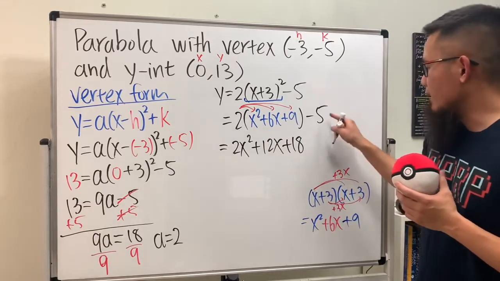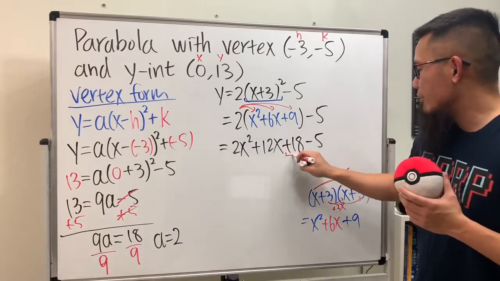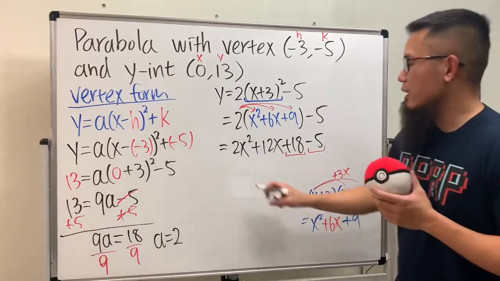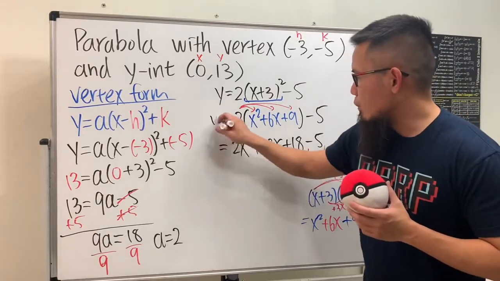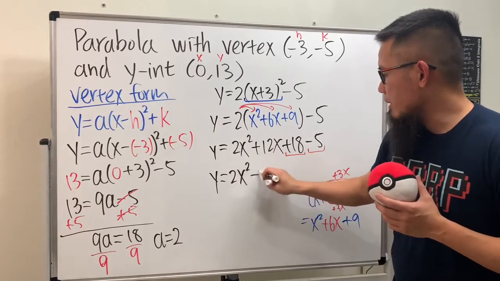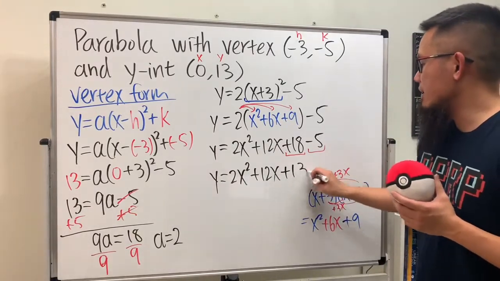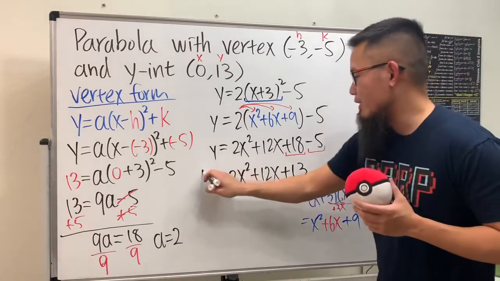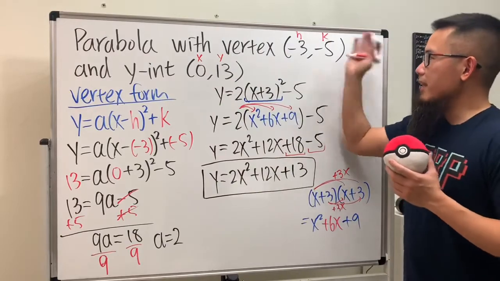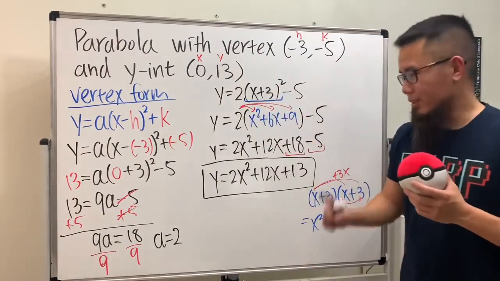And then, don't forget we still have the minus 5. So, we will have to do plus 18 minus 5, which is plus 13. So finally, I'll just put down y right here. Y is equal to 2x squared plus 12x, and then plus 13. So this right here will be the equation for the parabola with vertex at -3, -5, and the y-intercept is at 0, 13. So that's it.